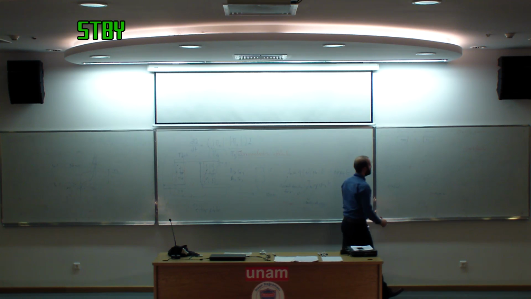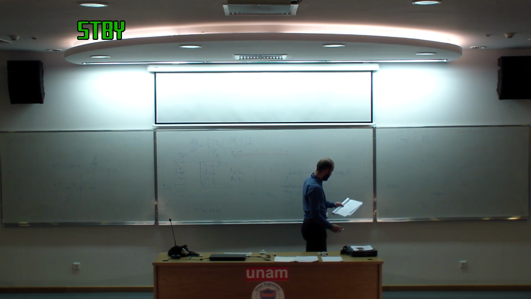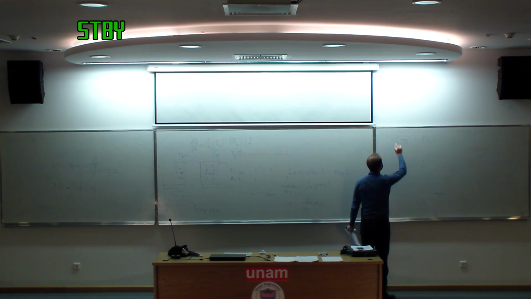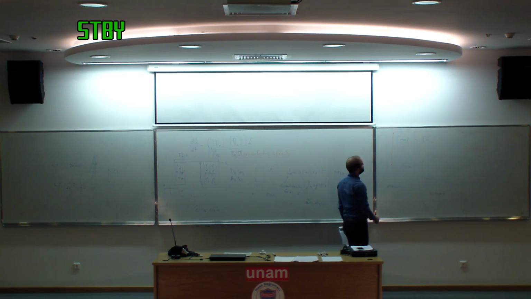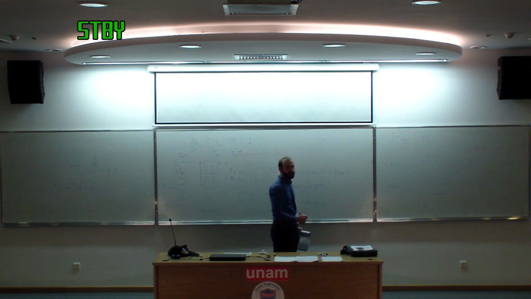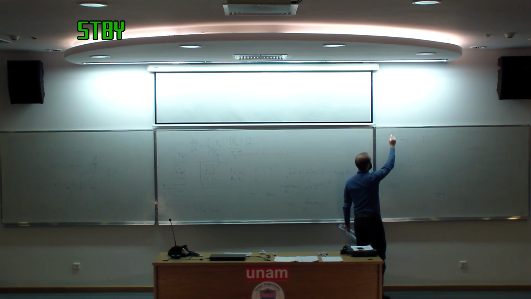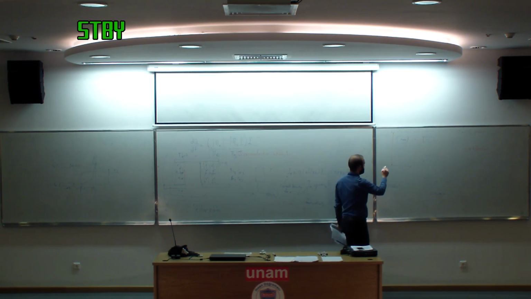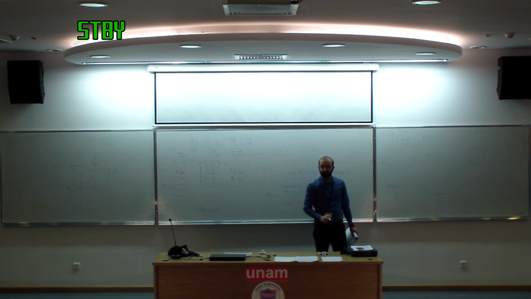Here, the Fermi level is different. And this difference is basically called the work function. It's a measure of how much energy it will take to remove one electron into vacuum. Okay?